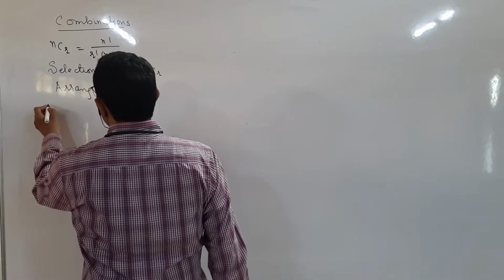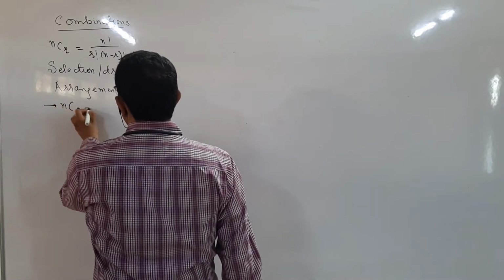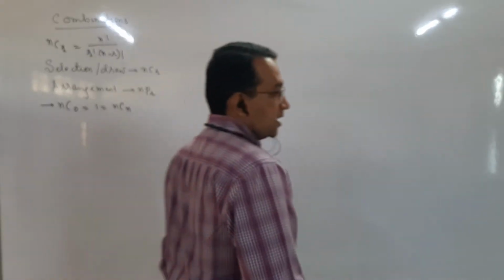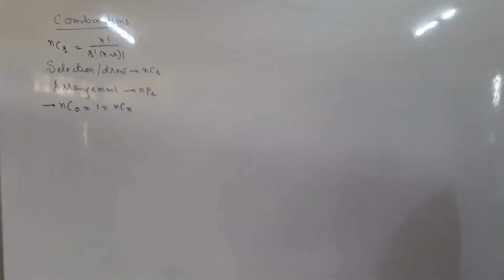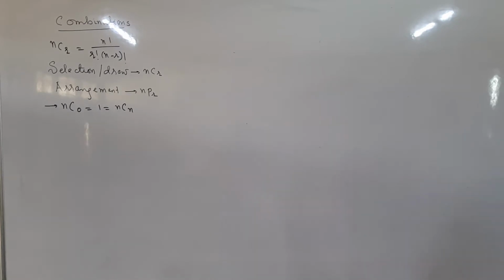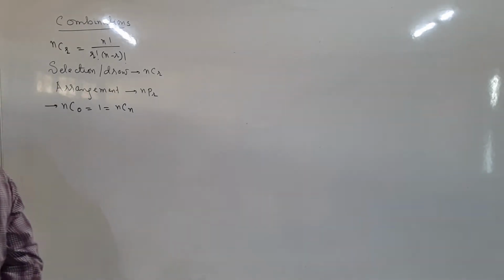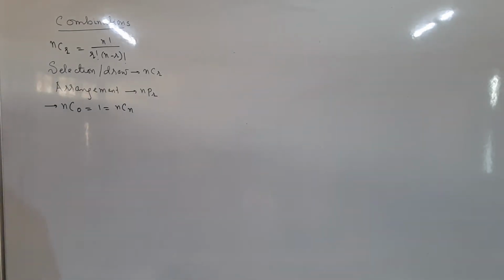Okay, next important formulas: nC0 is equal to 1 and nCn is equal to 1. Given 5 things, you reject all. That can be done in one way, and given 5 things, you select all. That also can be done in only one way. So in general, nC0 is 1 and nCn is also 1, where n is a natural number.